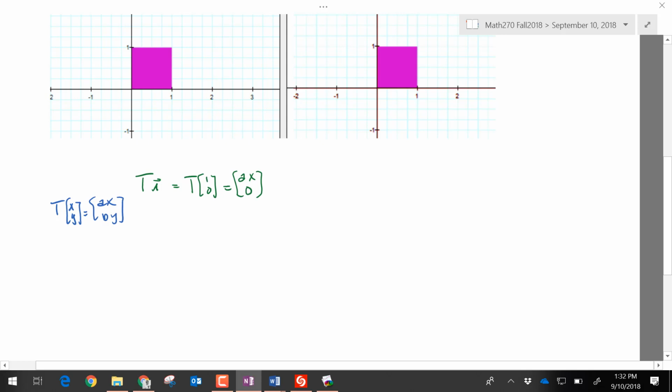Wait, what's x equal to? x is equal to 1. So that's just a 0. And then if we take a look at what happens to the j component, x is equal to 0 and y is equal to 1. So this should just be 0, comma b.